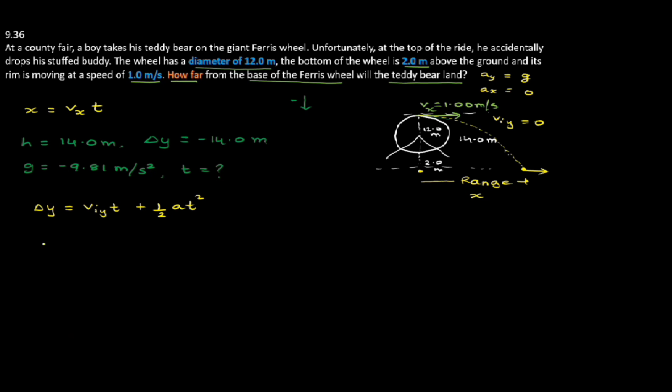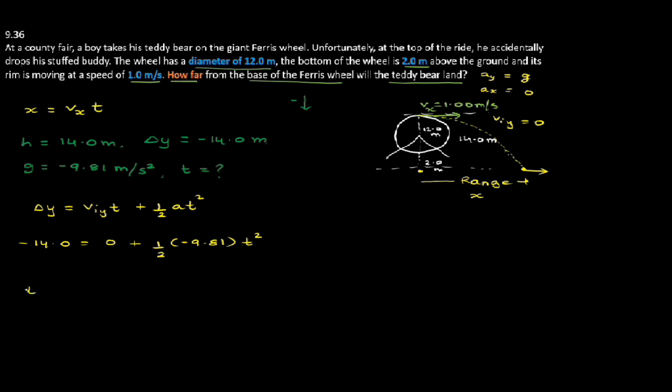So now we can substitute the values. Delta y I will write as negative 14 equals v initial, which is 0, so multiplying that with t, I get 0, plus half a, where a is acceleration due to gravity g, which I write as negative 9.81, times t squared. Now we can rearrange the terms here, or you can use shift solve to calculate t.